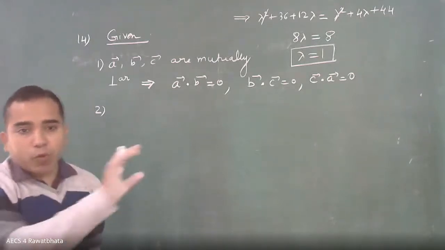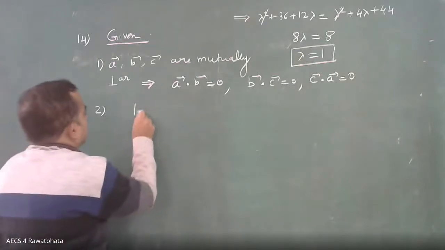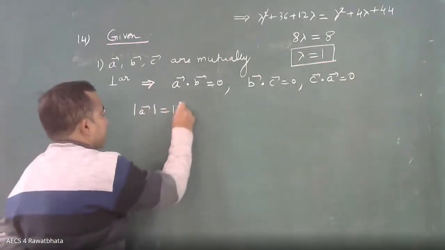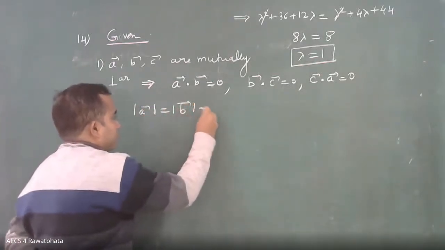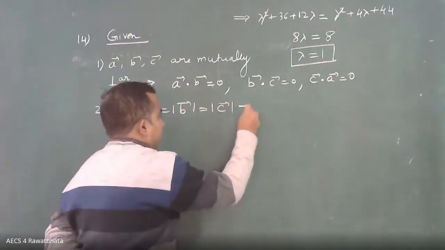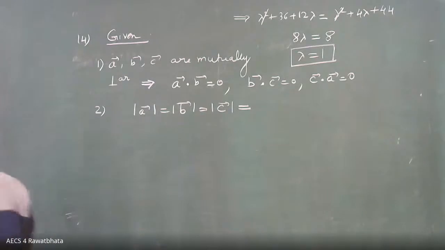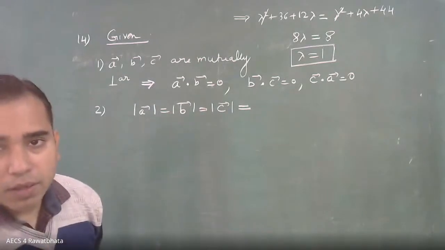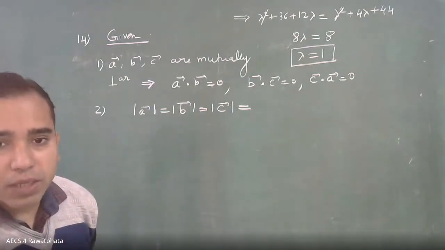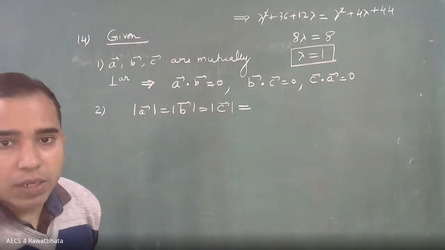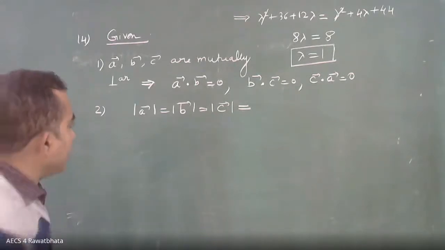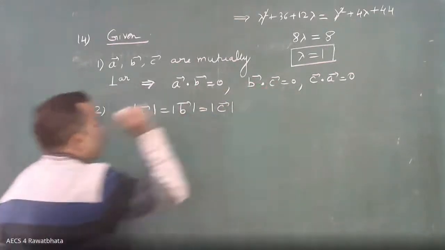Equal magnitude. So what can I write here? I can write this, this is equal to. Are they unit? Arpita, are they unit vectors? No. बस equal है तो ये बस लिख सकता हूँ. Okay, next slide.